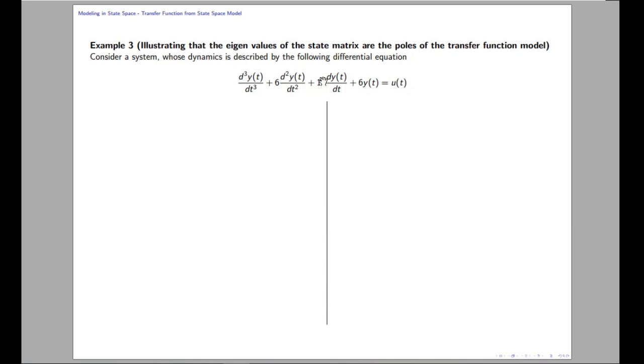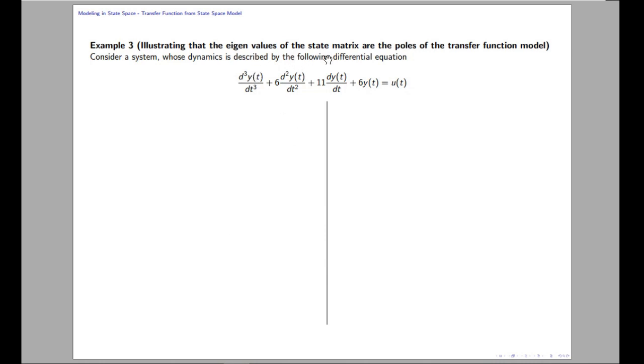So I'm taking a dynamic system, an LTI system's differential equation. Obviously, this is a third order equation. What I'm going to do is get the transfer function model of this system and get the poles of the system from the characteristic polynomial.